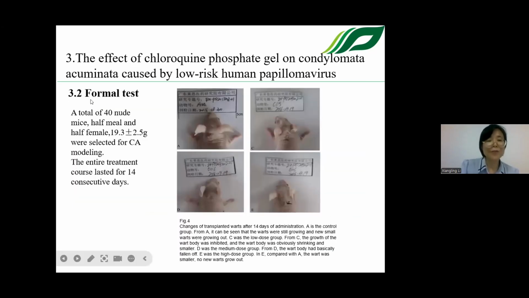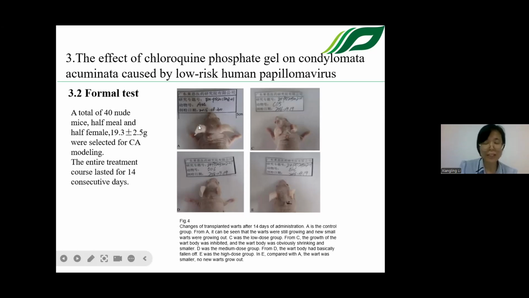So we began the formal test. We chose 40 nude mice, half male and half female, to create the CA model. After the model was built, 3 doses of CQ gel were given to each group of the CA model.